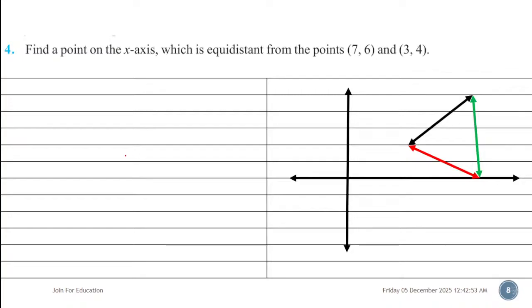This is question number 4. Find the point on the x-axis which is equidistant from the points (7, 6) and (3, 4). Suppose this is P (7, 6) and this is Q (3, 4).